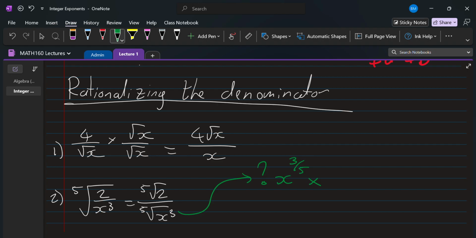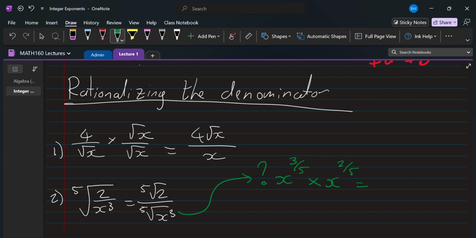What is the fifth root of x cubed? Let's do a little bit of side working here. That is x to the 3 over 5. The 3 comes from the fact that it's x cubed. The 1 over 5 comes from it being a fifth root.